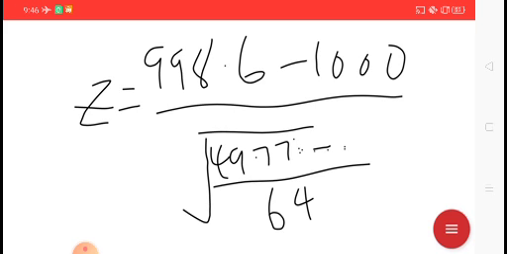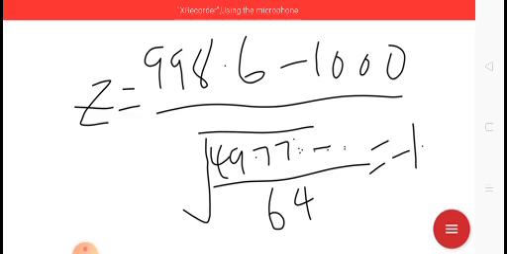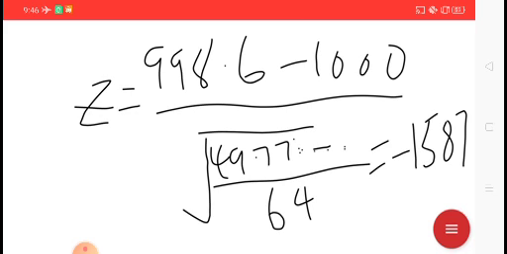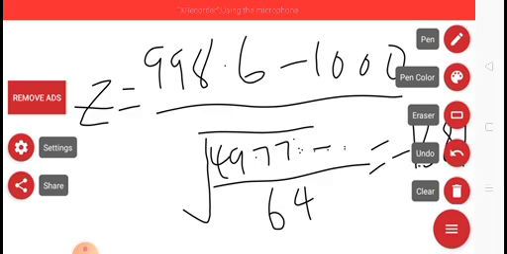Once you calculate this directly, you should get z equal to negative 1.587. Now once you have this, you need to compare with the significance level.